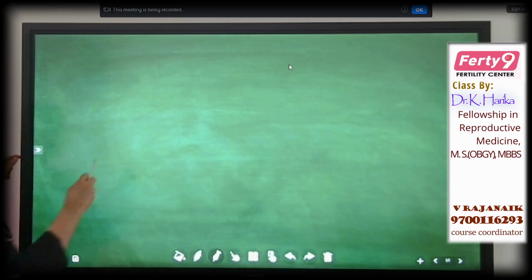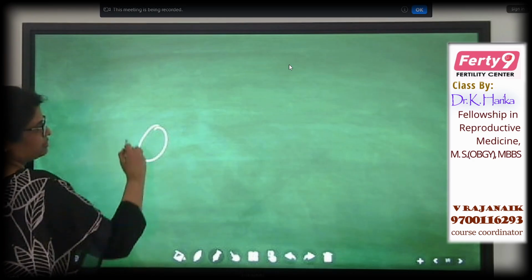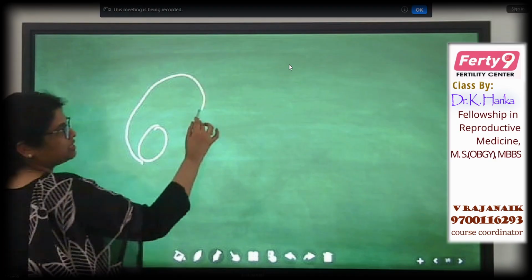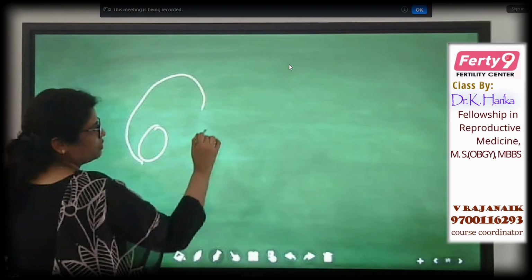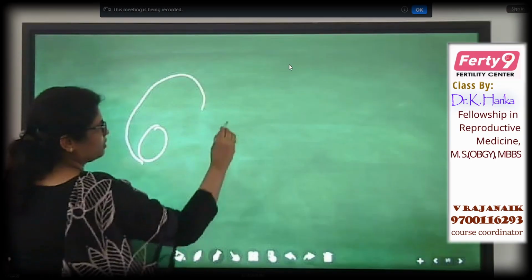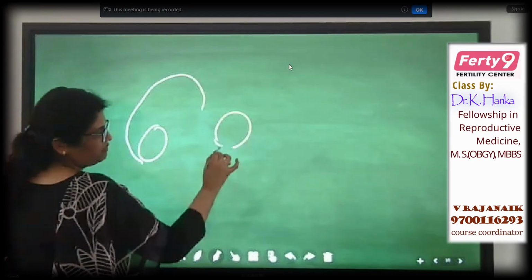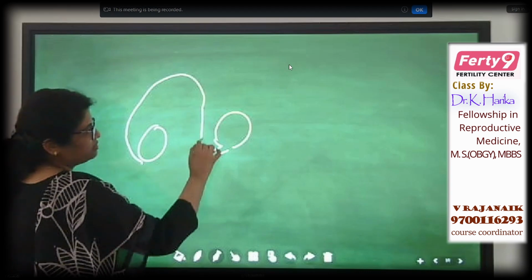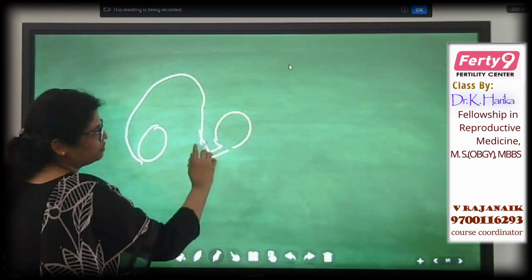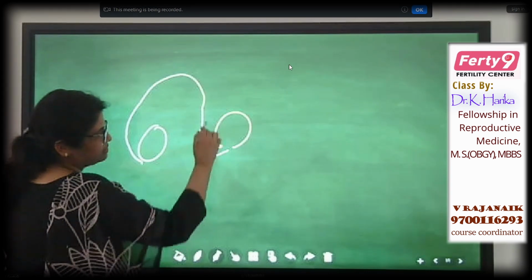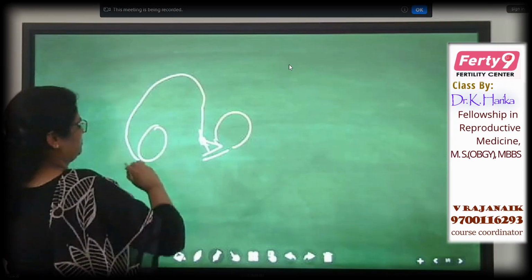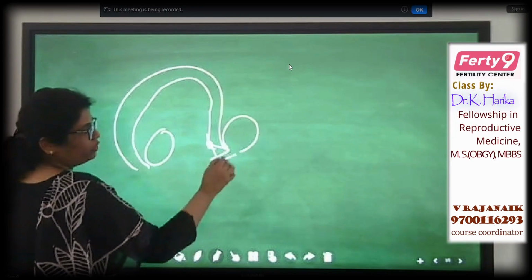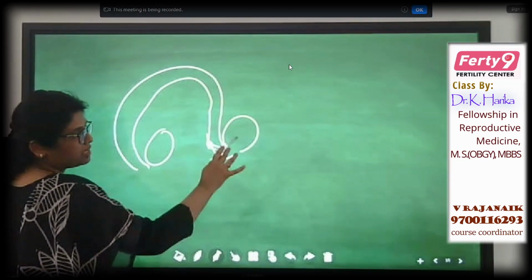See, this is the testis. The seminal vesicles will be thick. This is the ejaculatory duct. This is the vas deferens. The vas deferens will open into the seminal vesicles, and the seminal vesicles will open into the ejaculatory duct.